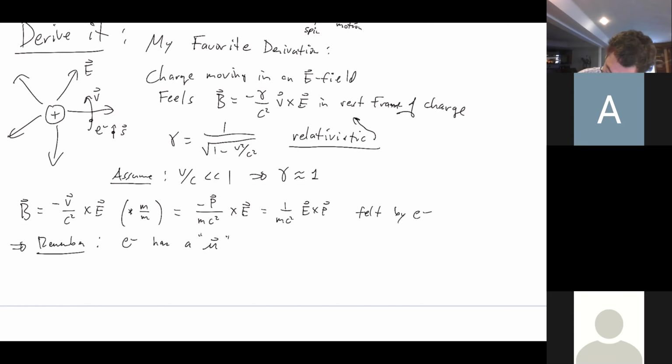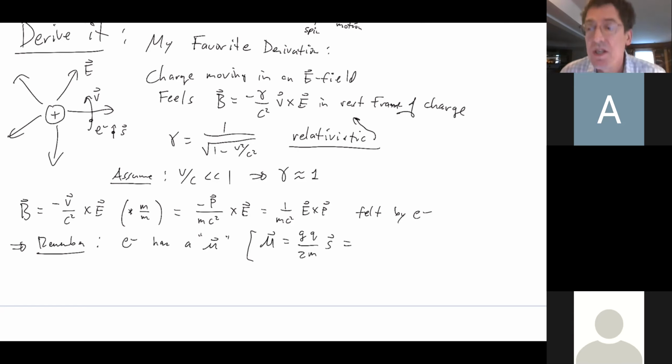And remember that the magnetic moment of any charged particle with spin is equal to g times q divided by 2 times the mass of the particle, times the spin of the particle. And for an electron, what is g? Someone tell me. What is g? The gyromagnetic ratio, it's a famous number for an electron.